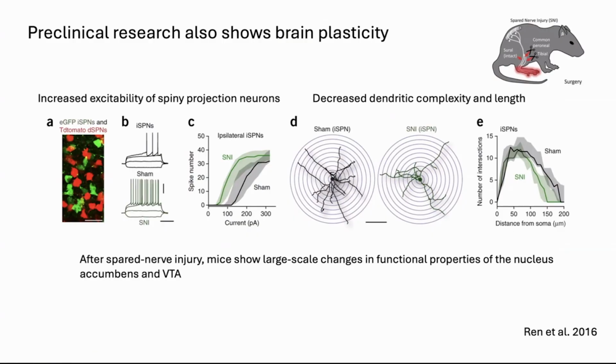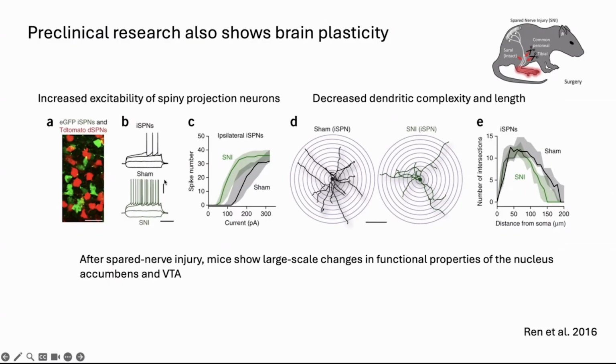And what this does to the mice is that they can still move, but they feel neuropathic pain chronically. And because we are doing this in mice, we can sacrifice them and look at the neurons of, for instance, the nucleus accumbens, like we just looked at in the slide before, to see if there are plastic changes as the mice develop chronic pain and whether we can try to revert them.